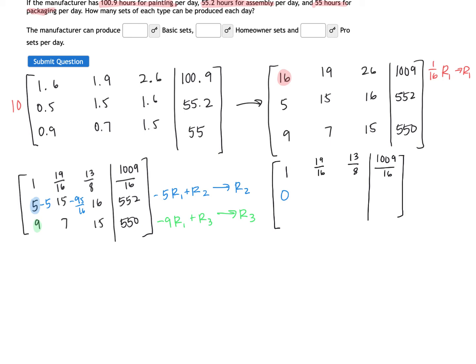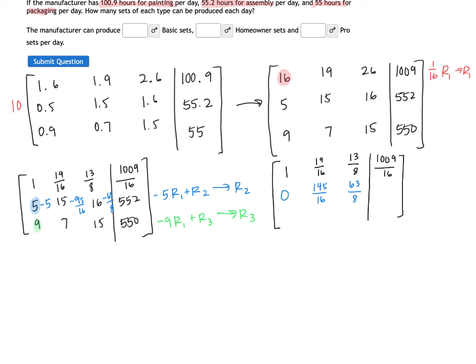That will give us 145 over 16. Okay. Now we want to do 13 times -5 will give us -65 over 8. And then we're going to add that to the 16. And from that, we will get 63 over 8.